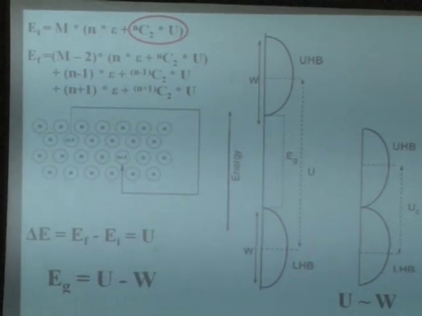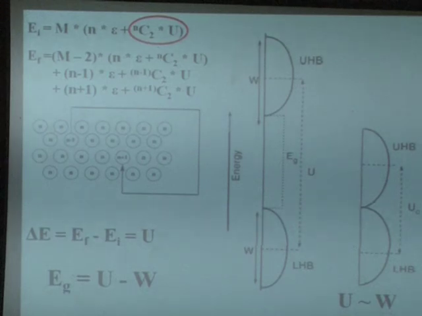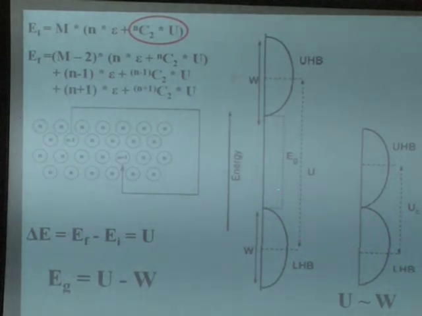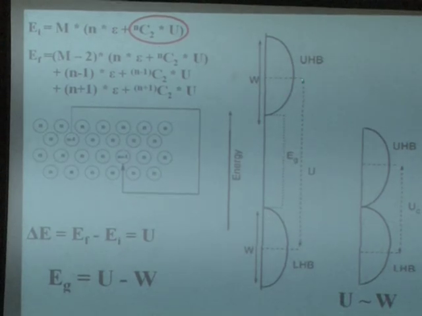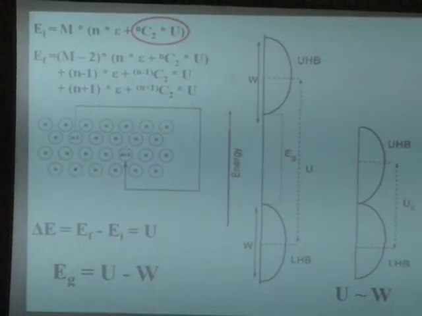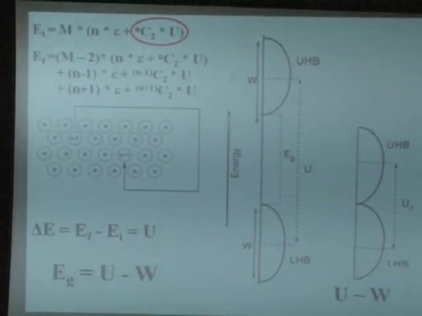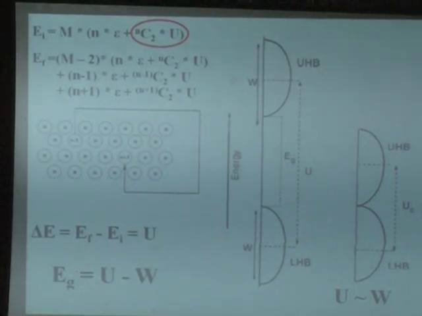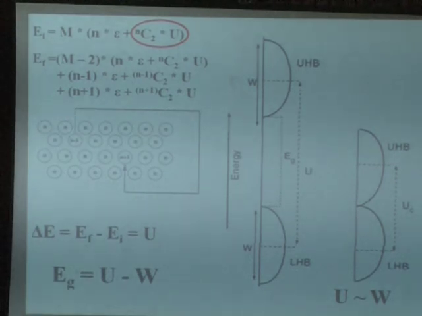Just one technical terminology that I forgot to introduce when I was talking about this: for some reason, we call this part the lower Hubbard band, and that is the upper Hubbard band. It has something to do with a particular many-body Hamiltonian that is often used to describe transition metal compounds.